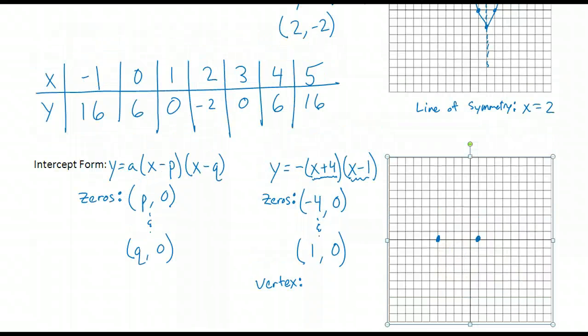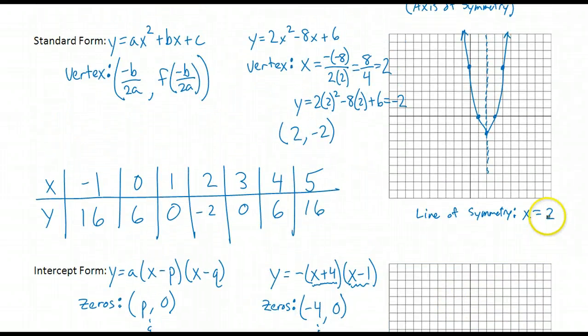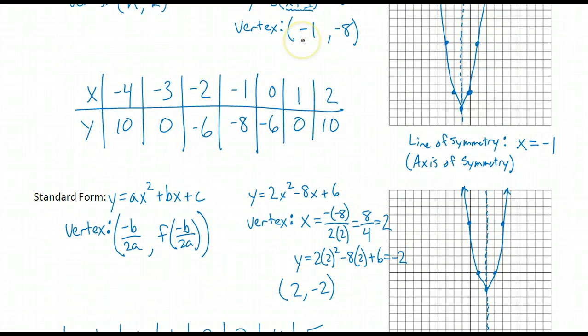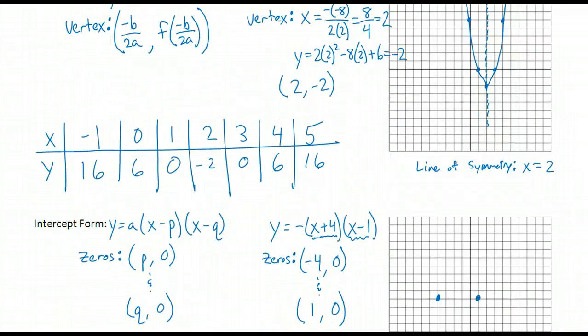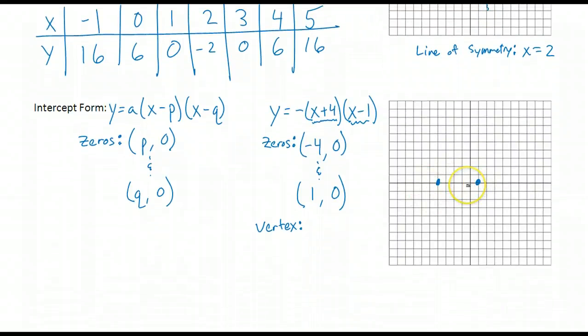The line of symmetry always gives me the x value of my vertex. So in order to find halfway between these points, I'm going to find the average, the midpoint, of these two numbers. To find the x portion of my vertex, I'm going to take negative 4 and 1 and find their average.